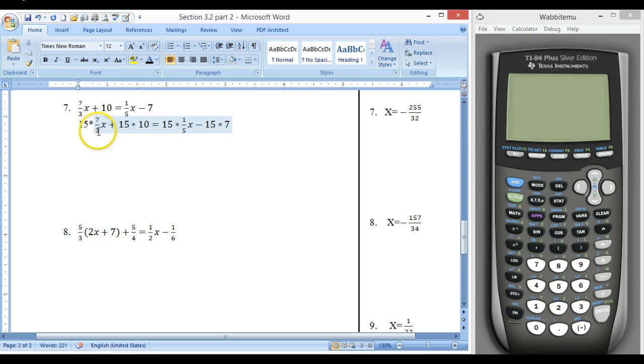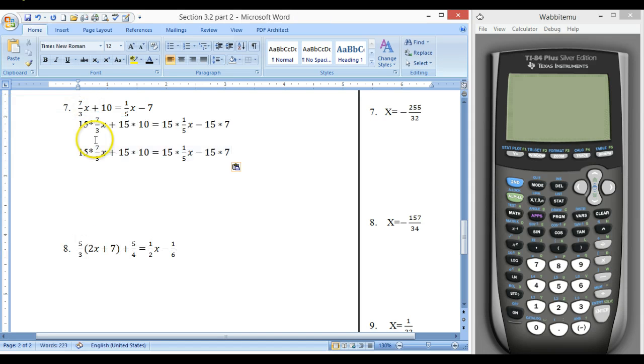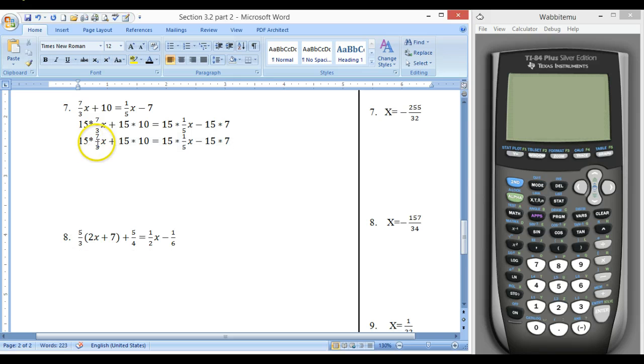15 divided by 3, it does cancel out the bottom, which is our goal, but it doesn't cancel out everything on the top. So I'm going to bring that down for our next step. This is gone on the bottom. 15 divided by 3, it cancels some of it out, and I'm left with a 5. 15 times 10 is 150.